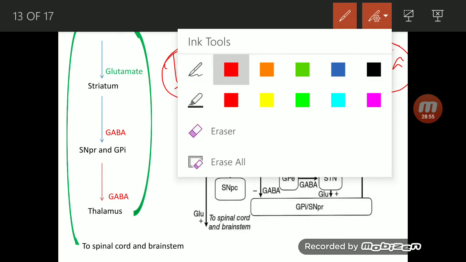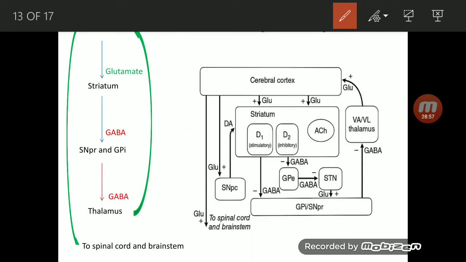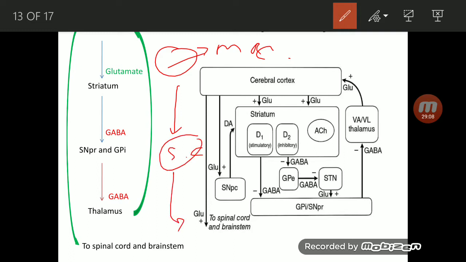Whenever we think about movement, we think of the motor cortex sending an impulse to the spinal cord, and the spinal cord sending a message to the muscles to move. This is a very simple mode of how movement occurs, but this is not how a signal is actually transferred from your brain to your muscles for movement.